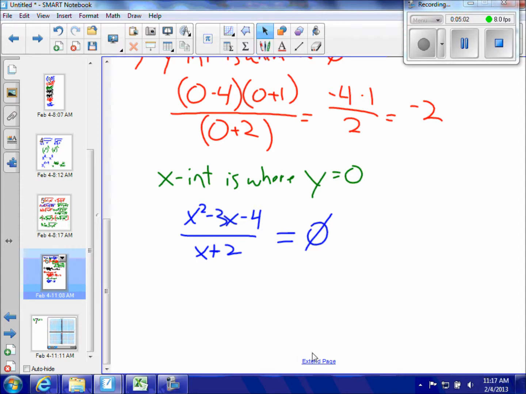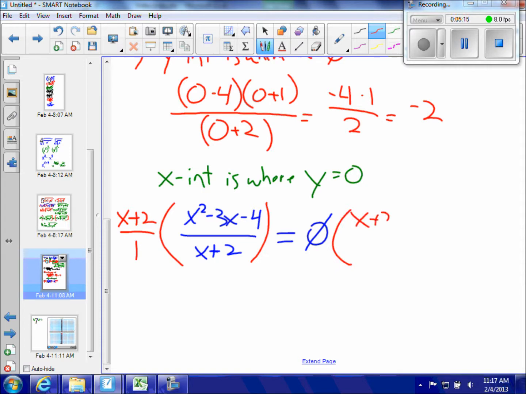I'm going to do this a long way, and then you will see the shortcut. I want to get rid of my denominator of x plus 2. So I'm going to multiply this side by x plus 2 over 1, and I'm going to multiply this side by x plus 2 over 1. Of course, you don't need the over 1, but it might help you a little bit. So my x plus 2's cross off there.